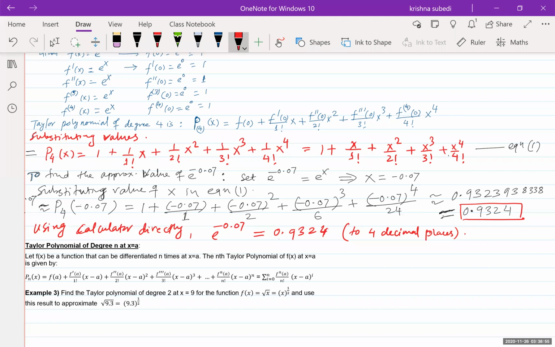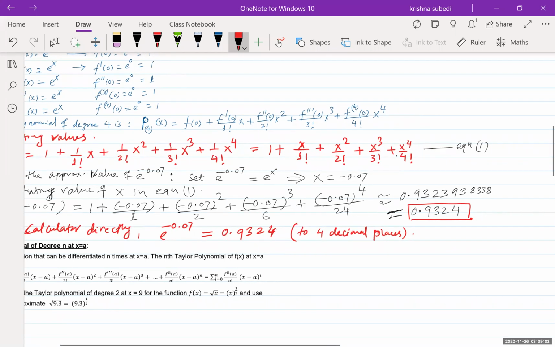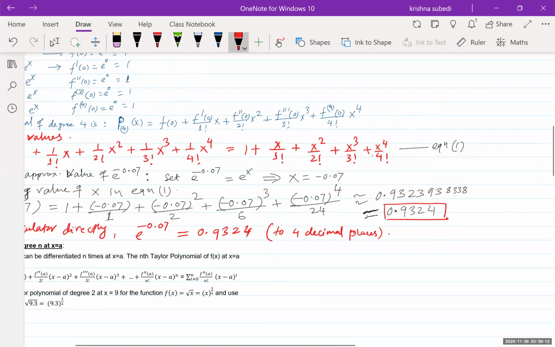So we can change exponential function into polynomial function. So from now onwards, we can use what we proved from this: e to the x equals 1 plus x over factorial 1 plus x squared over factorial 2, x cubed over factorial 3, and so on.